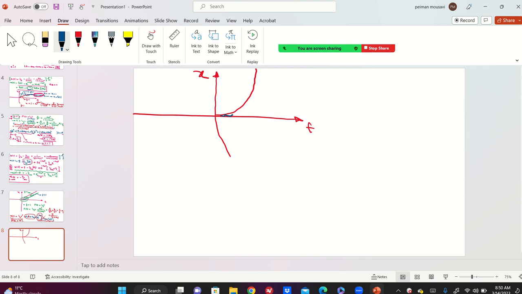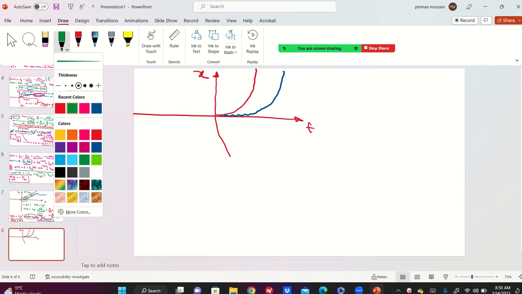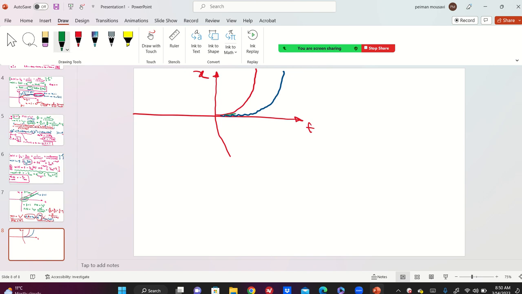In the underdamped system, we had this oscillation here, but here we don't have that. We have this. There's no oscillation. Understand?